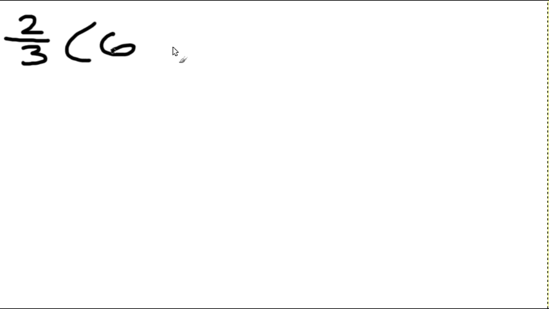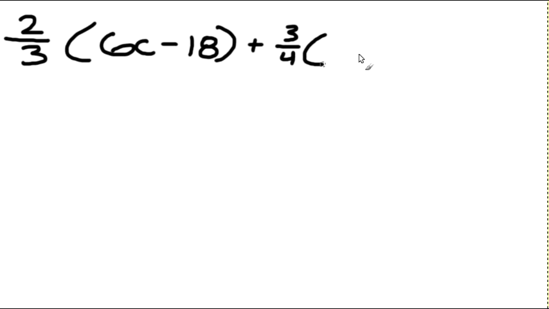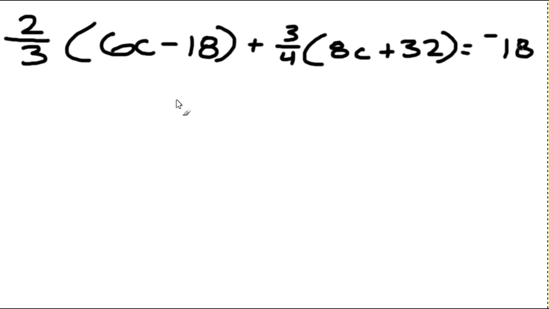So 2/3 times (6c minus 18) plus 3/4 times (8c plus 32) is equal to negative 18. So this one's just a little bit more complicated because you have to deal with fractions now when distributing, but other than that, it's nothing that you guys can't handle.